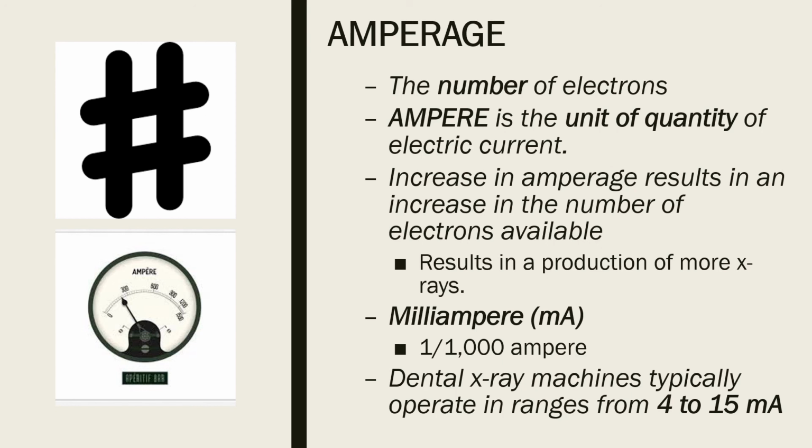The amperage can be preset in a machine by the manufacturer, or it can be varied by the operator. So we've talked about the milliamperage selector, right? Milliamperage, ampere, the quantity, the number, the amount. If you increase the milliamperage selector, it will result in an increase in the number of electrons that results in production of more X-rays.